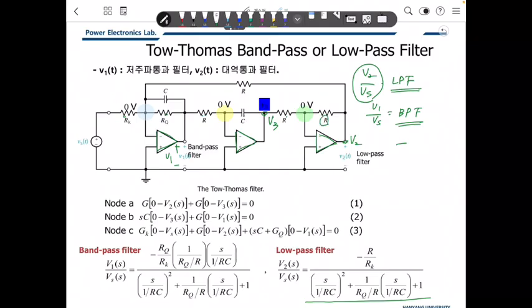So we define this as R and R and R and R, and this is RK, and this is RQ. And C, we have several variables: C and R and RK and RQ. We have 4 design parameters. Using that, we can define the transfer function like that.